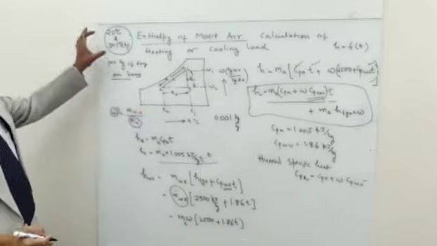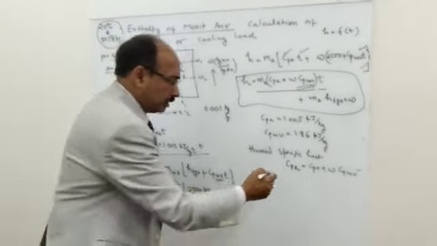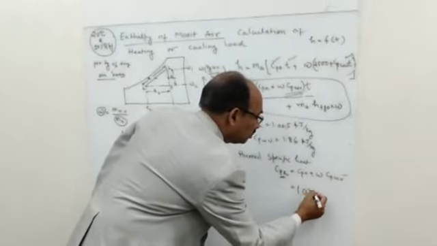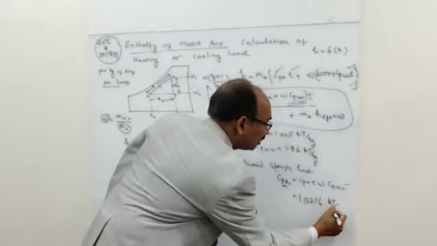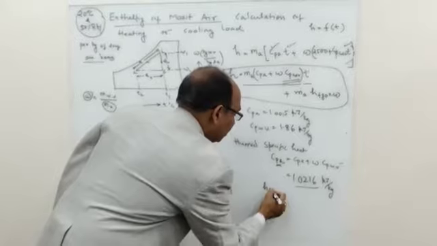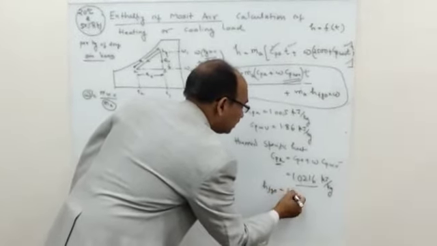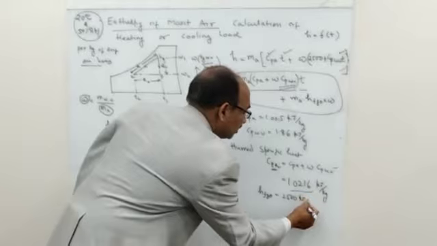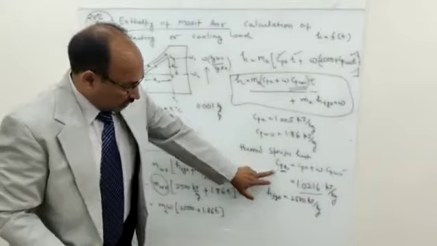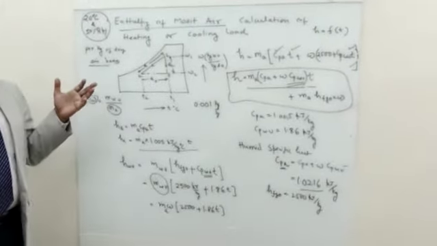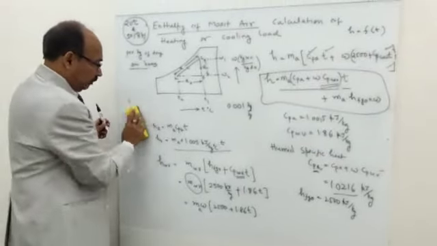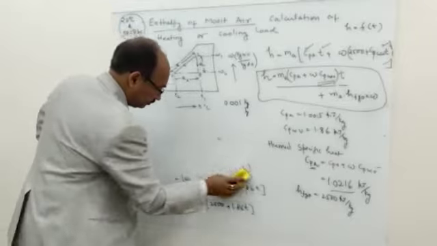And if we consider standard air, for that the Cp of humid air is 1.0216 kilojoule per kg, and HFGO we already know is 2500 kilojoule per kg. So we use these values and we get a much simplified expression, and we can use that expression for finding out enthalpy and heating and cooling load.